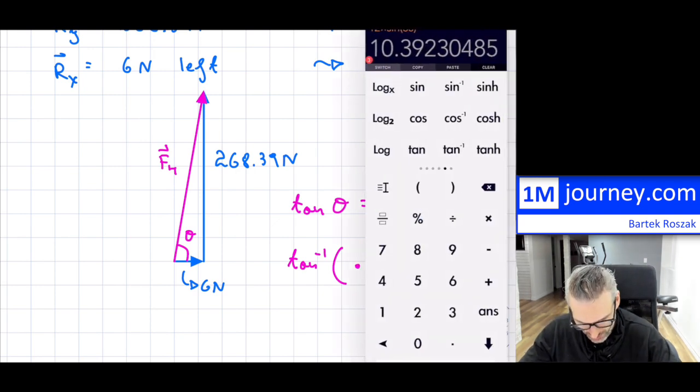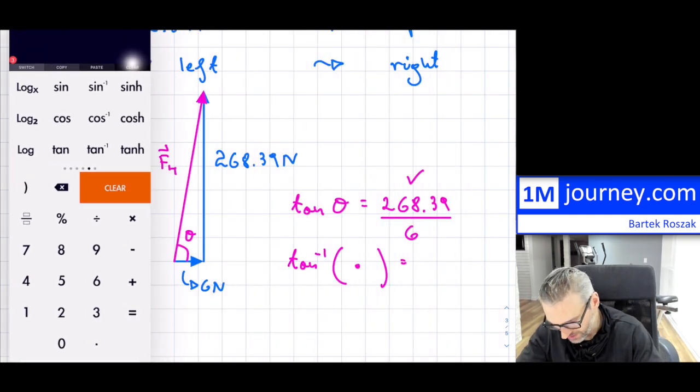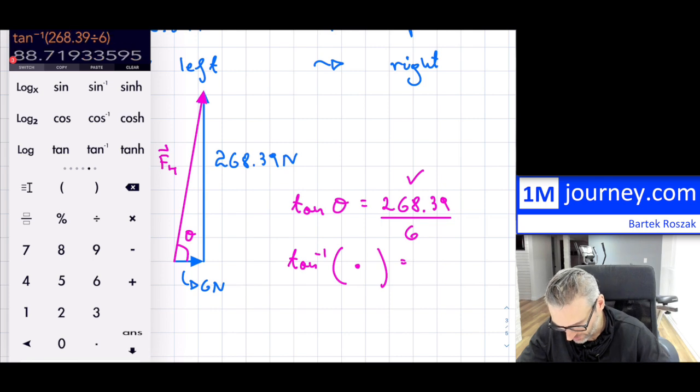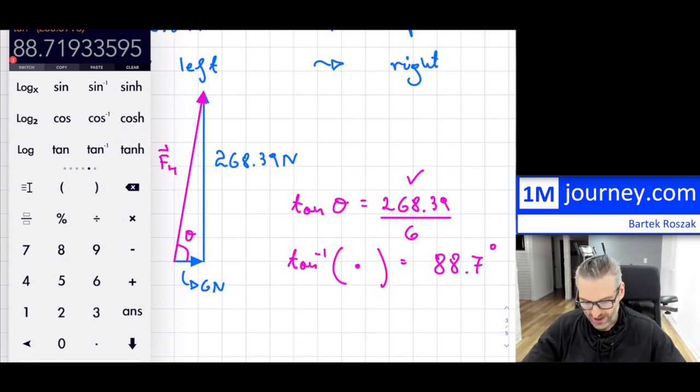This is going to be very close to 90, because of that enormous amount there in the Y direction. So 268.39 divided by 6. I don't know, my guess is close to 90. Yeah, so this is going to be 88.7 degrees. So that's that angle. So there you go.